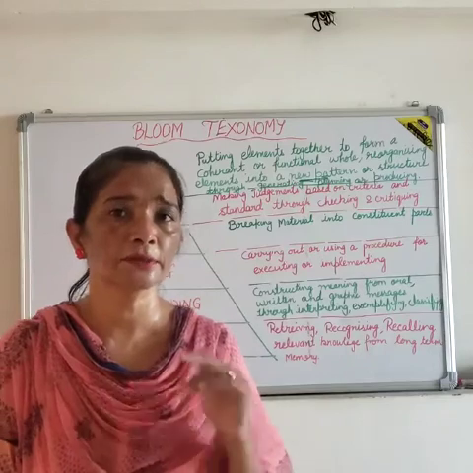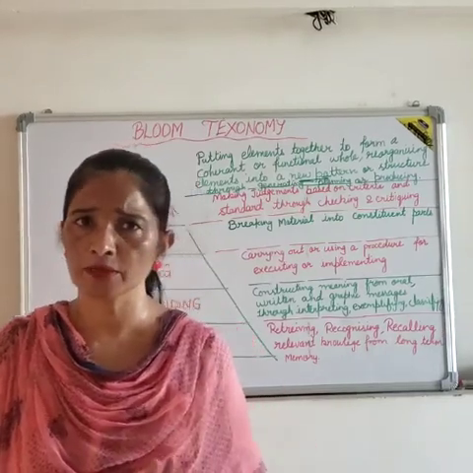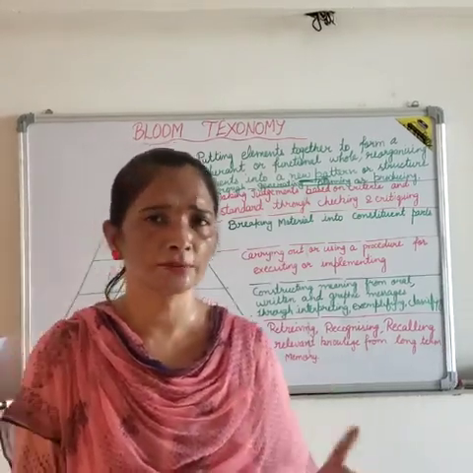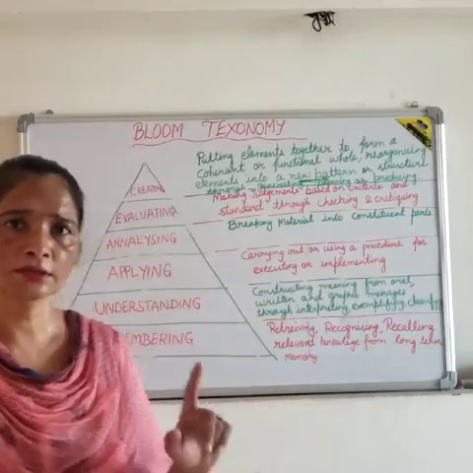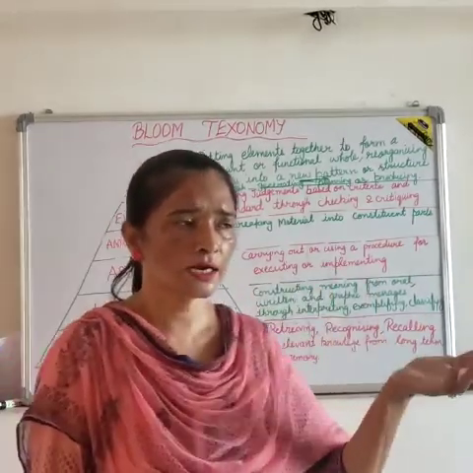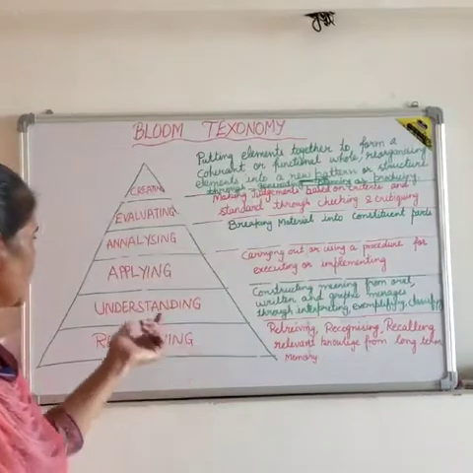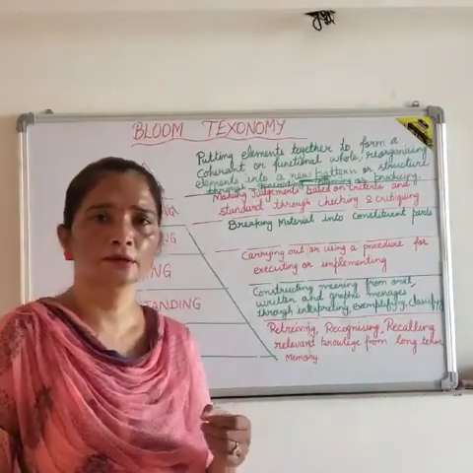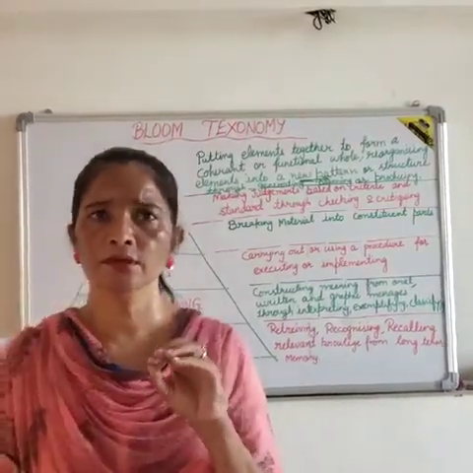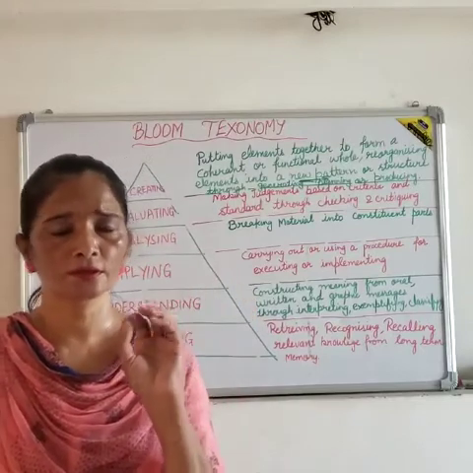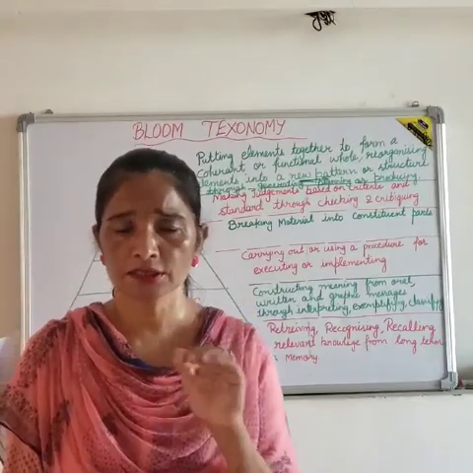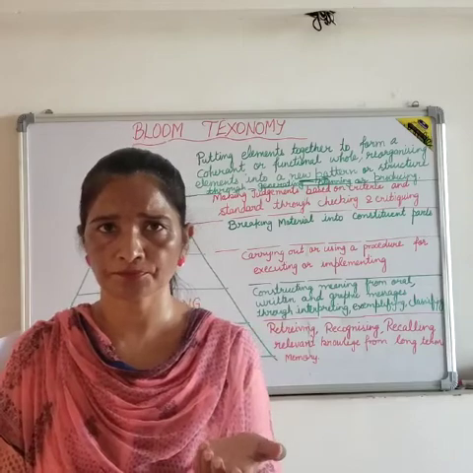What do you see in the picture? When students are able to answer what do you see in the picture, that is, a dog, then we will move ahead to the next step, and the next step is understanding. After seeing the picture, the teacher will ask students to describe the picture.